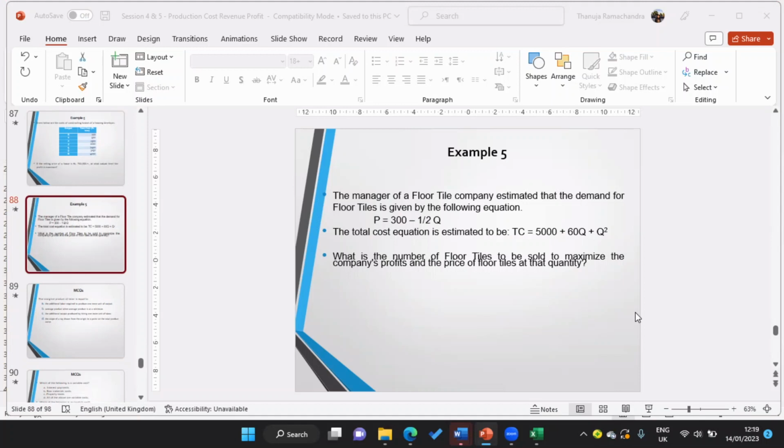Why do you want the AC now? Average cost. Why do you want the average cost now? The question is, what is the number of floor tiles to be sold to maximize the company's profit?